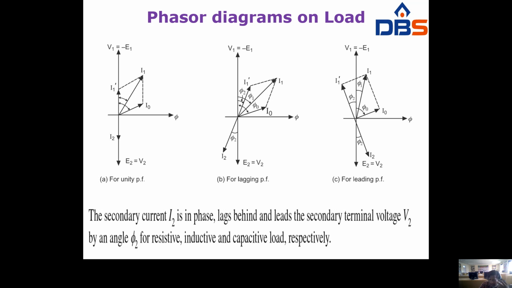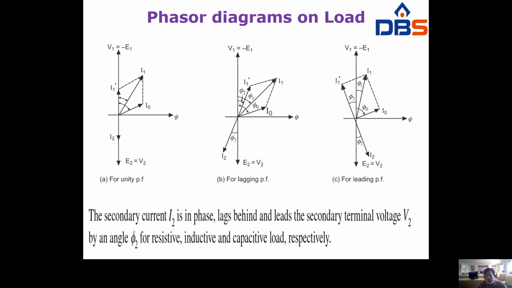So whenever we are connecting a load and secondary current flows through the circuit, that is I2. Because of this I2, secondary current and secondary induced EMF both are in phase for resistive load. And as usual, V1 is always opposite to that of E1.